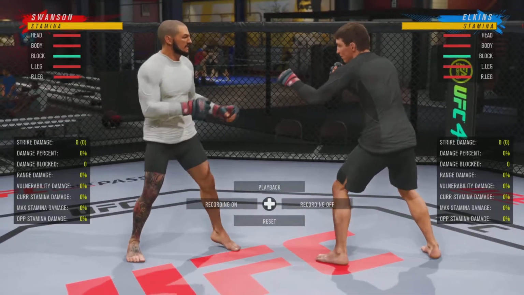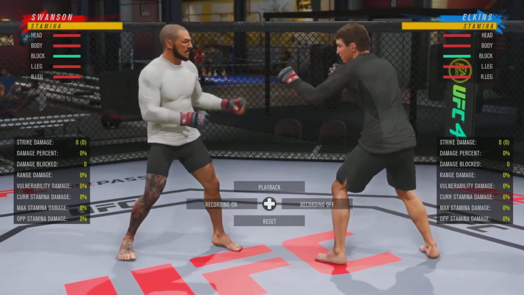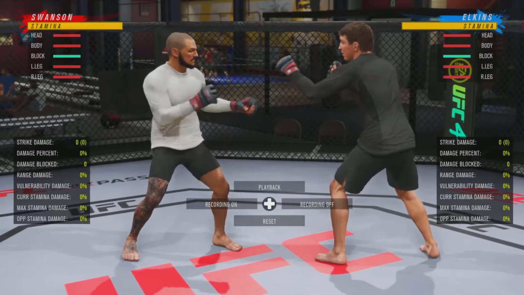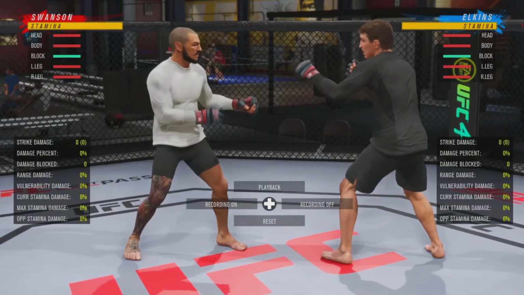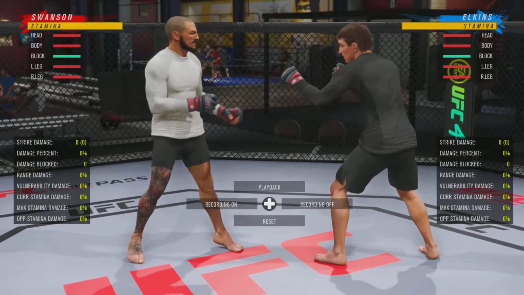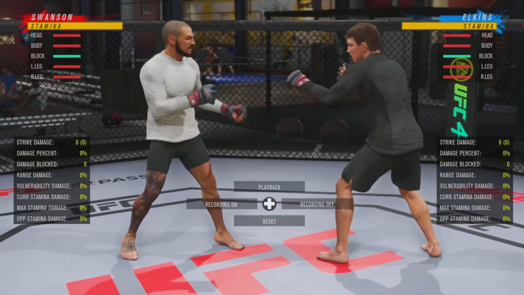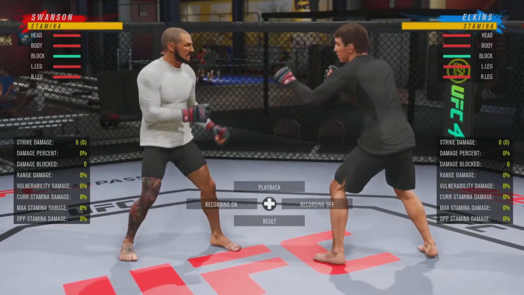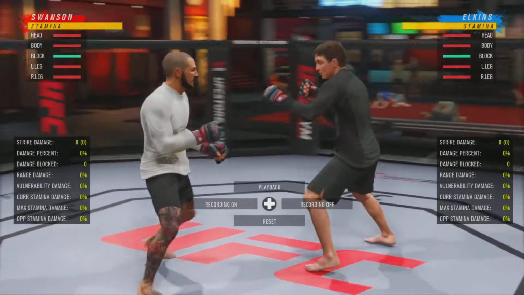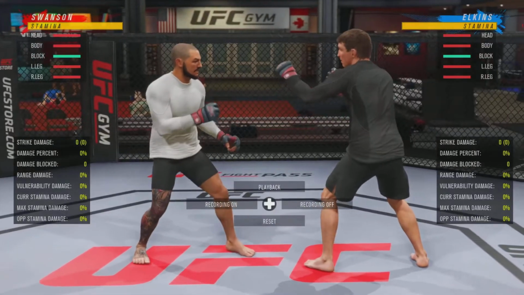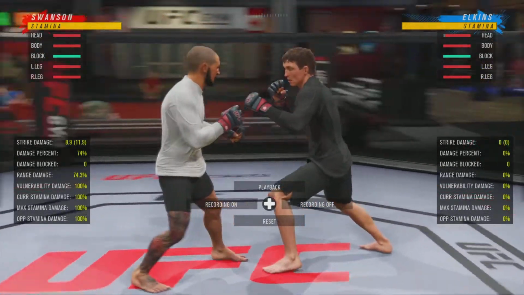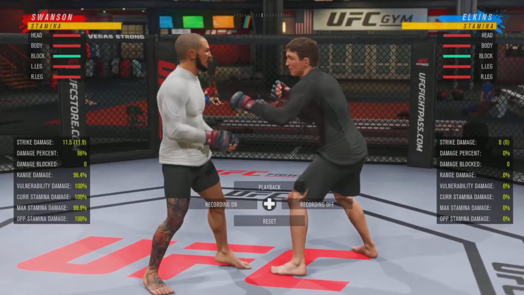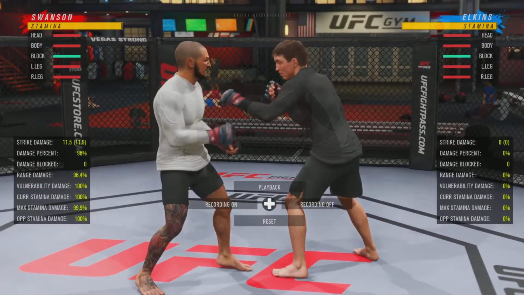So if you guys are newer to fighting games, frames and how they play a part in games like UFC is, frames are a move speed basically. So the bigger the frame number, the slower the move is going to be. The move that has the fastest frames in this game is the jab. The jab is quick. It has the least amount of frames of any move in UFC.